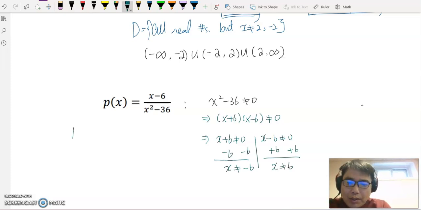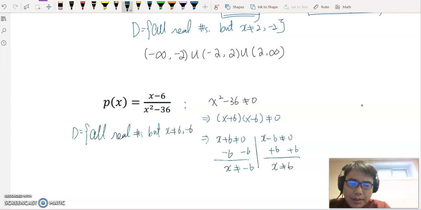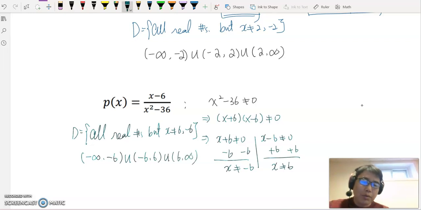Therefore, domain is all real numbers, but x cannot be 6 and negative 6. That's the answer. And in interval notation, we can say negative infinity to negative 6, negative 6 to 6, and then 6 to infinity. That should be the answer.